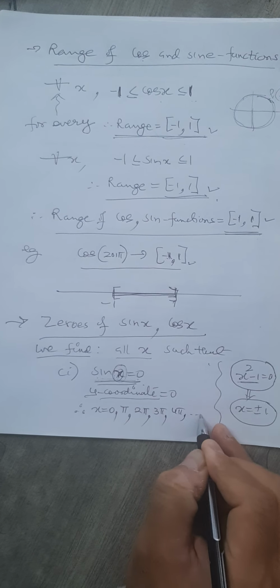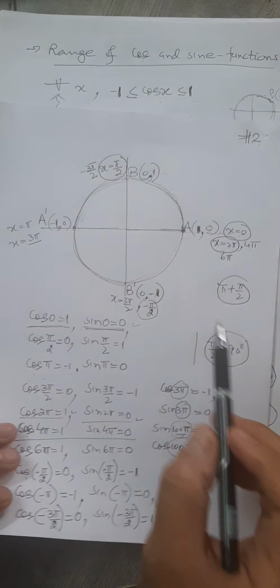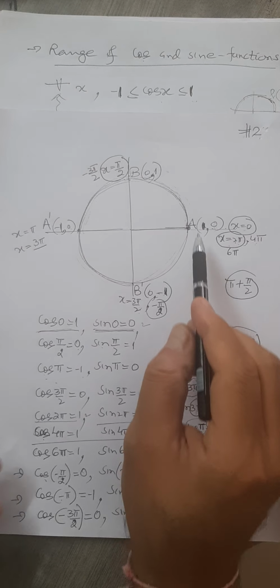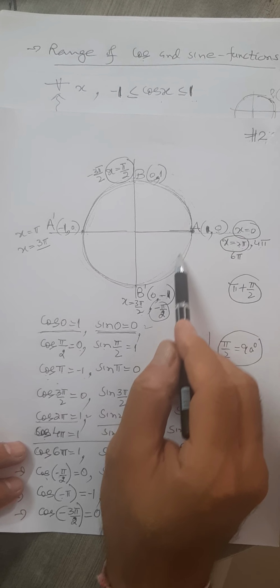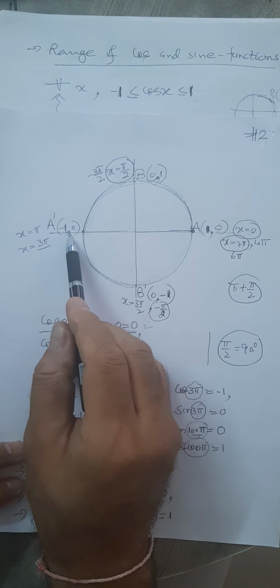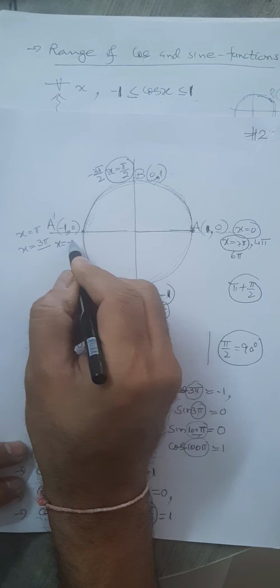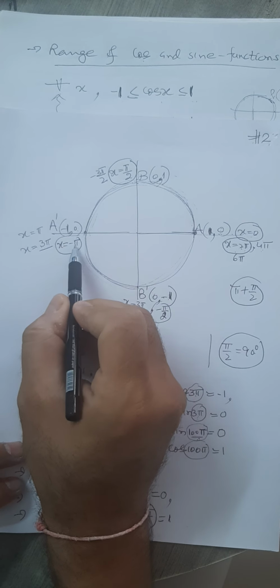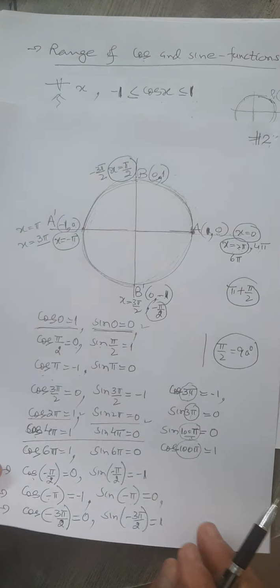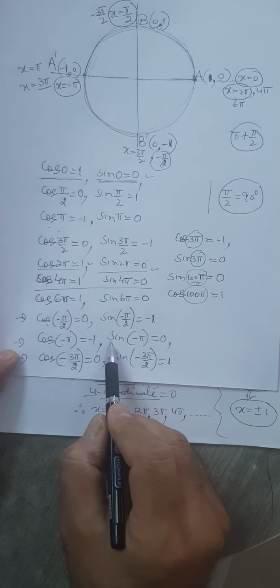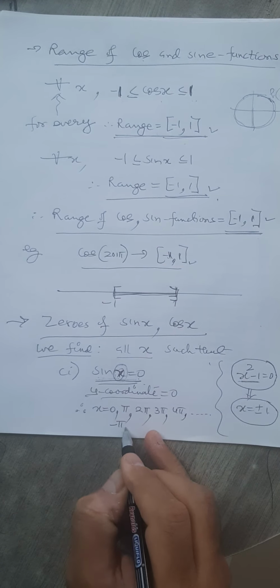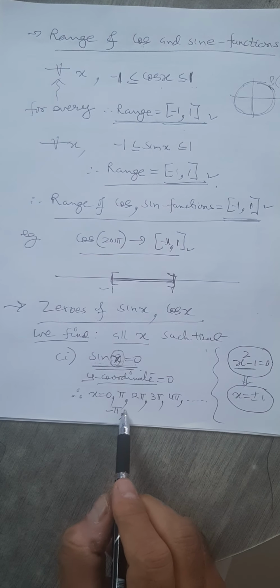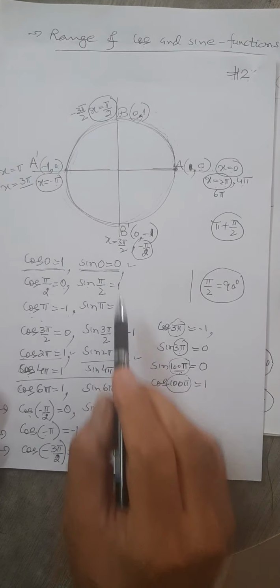And so on. Even if you move in the clockwise direction, if I start from here, x is 0. What is x here? You can write minus pi. So you can say that sine minus pi is 0. So minus pi also you can write at this place. Now continue further.